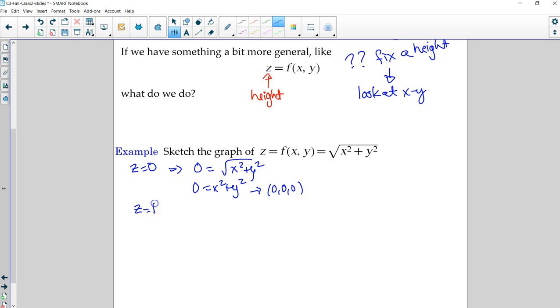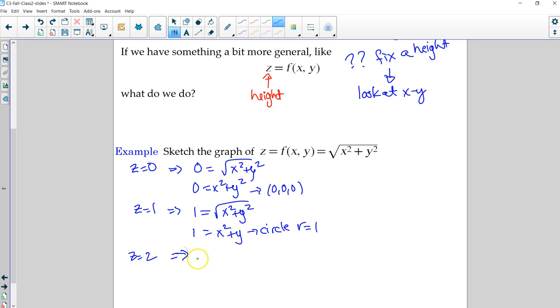Z is equal to 1. Here I get 1 is equal to the square root of x squared plus y squared. Squaring both sides, you get 1 is equal to x squared plus y squared. Oh, and this is just a circle centered at the origin with radius 1. Oh, that's useful. Z is equal to 2. I'm just going to do a bunch of these and see what happens.